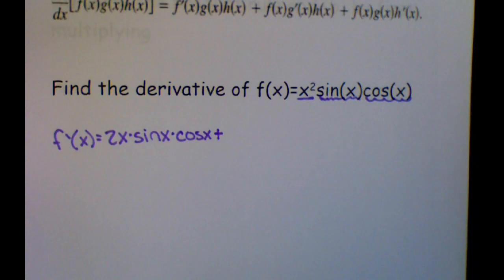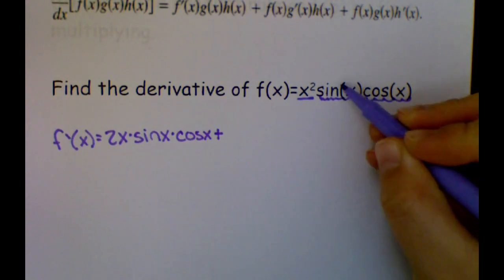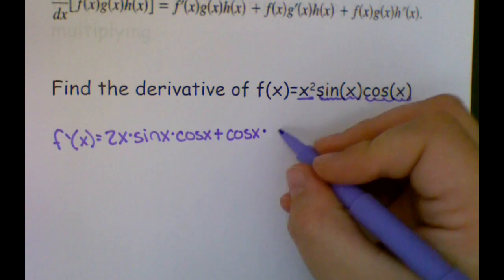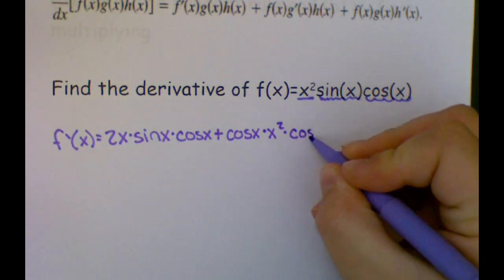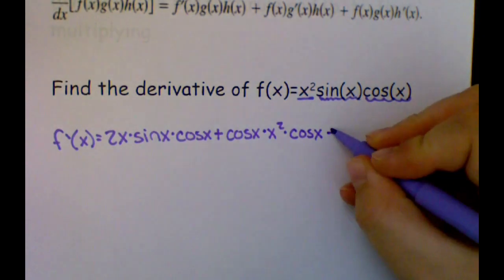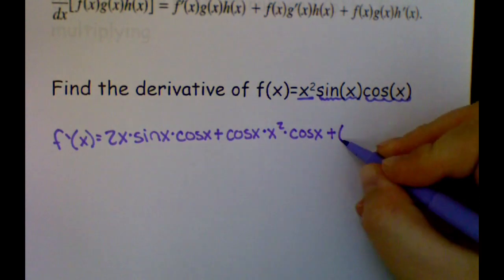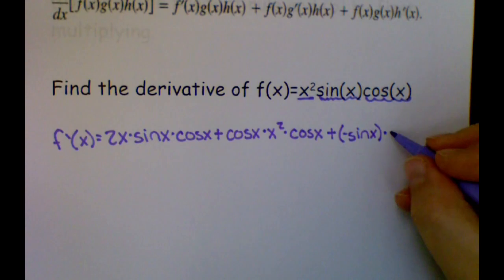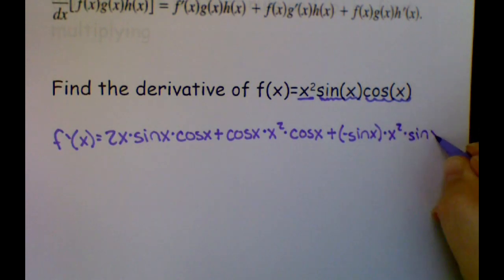plus, always a plus with our product rule, the derivative of the second piece. The derivative of sine is cosine of x, times the first piece unchanged, which is x squared, times the last piece unchanged, which is cosine of x, plus the derivative of the last piece. The derivative of cosine is negative sine of x, times the first piece unchanged, which is x squared, times the second piece unchanged, which is sine of x.